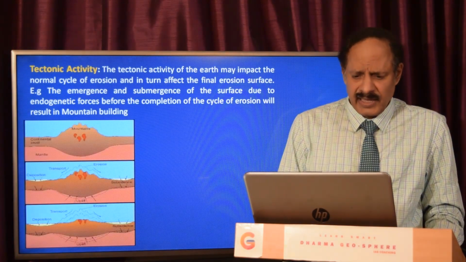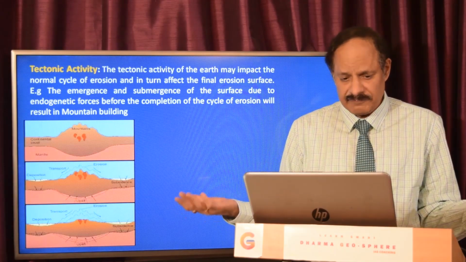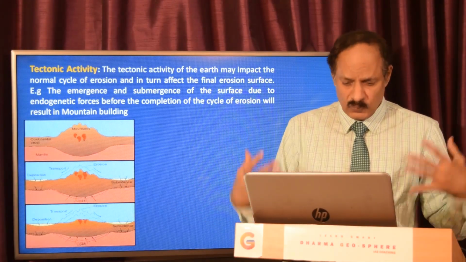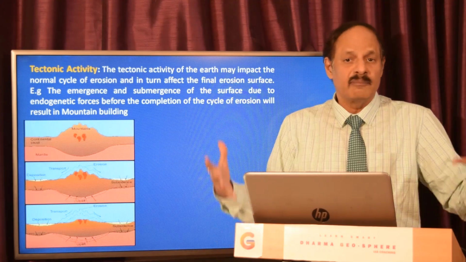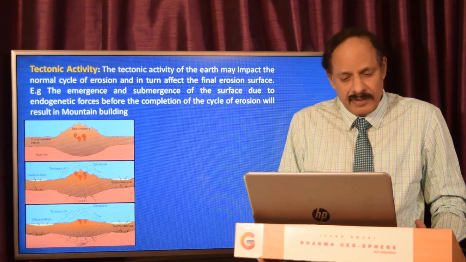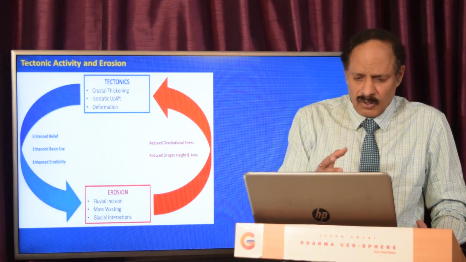And then the tectonic activity may impact the normal cycle, because the emergence and submergence of the surface due to endogenic forces before completion of the cycle of erosion will result in mountain building. Mountain building can also result in uplift and subsidence, which can effectively involve erosion. So this is broadly tectonic activity.